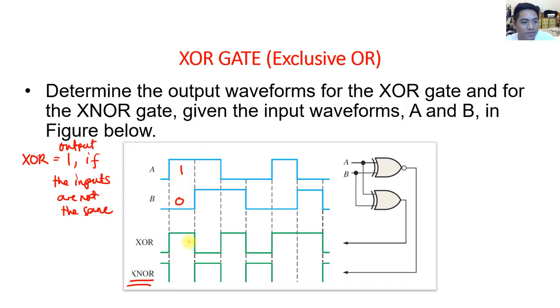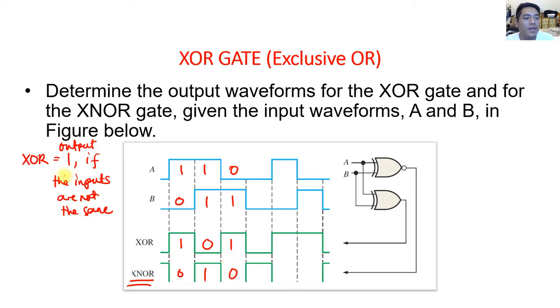The inputs are not the same, so definitely we have a high output for XOR. But if we negate that to get the XNOR, that would be 0. For the XNOR, if the inputs are the same, that will be the time that they will be 1. So we have 1 and 1 here. For XNOR, it is 1, of course, they are the same. For XOR, it will be 0. For this, we have 0 and 1. For the XOR, different will be 1, and get the complement, that will be 0.